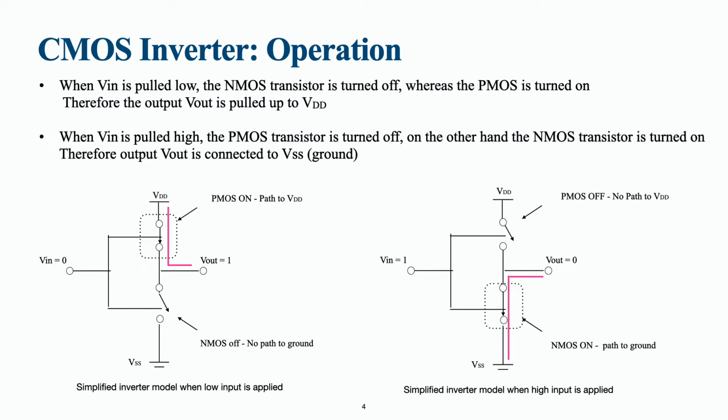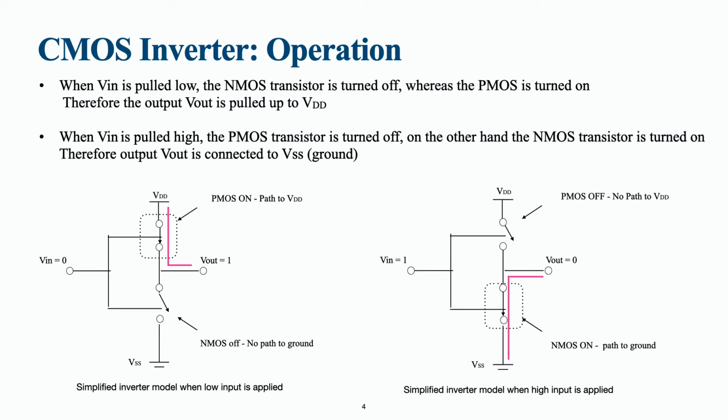Therefore, whatever is in VDD, say this is a 5 volt logic, your output will be equal to 5 volts. In terms of zeros and ones, when your input is 0, your output should be equal to 1. Similarly, the NMOS transistor is off. Therefore, there is no path for the output or the load capacitor to discharge itself to ground. Therefore, your output will always be equal to 1.